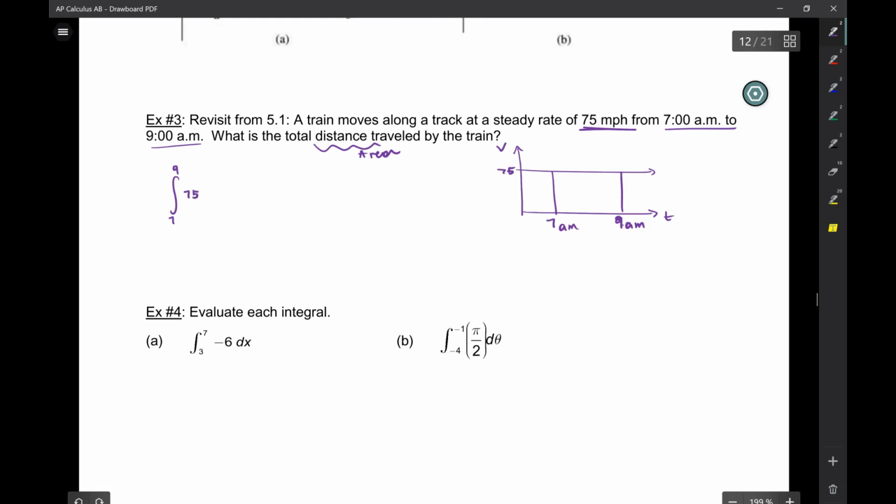And what's the variable here? T. So dt. And that's just equal to the height of the rectangle, gentlemen, times the base. Okay? And that's equal to 150 miles.